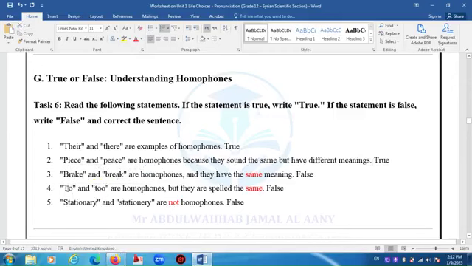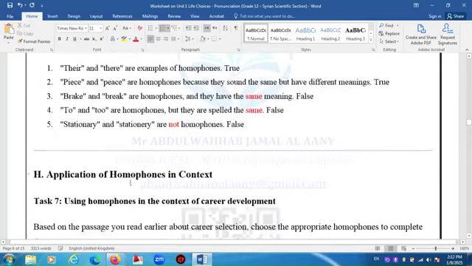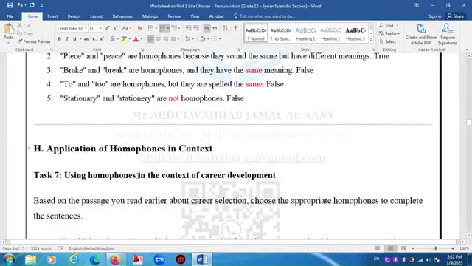To is a preposition, which means toward, belonging to, for. Break, like we said, for example, the brake of the car, is a device to stop the car or the bicycle or the bike, while the other break means to cut, to separate, if you wish to say.